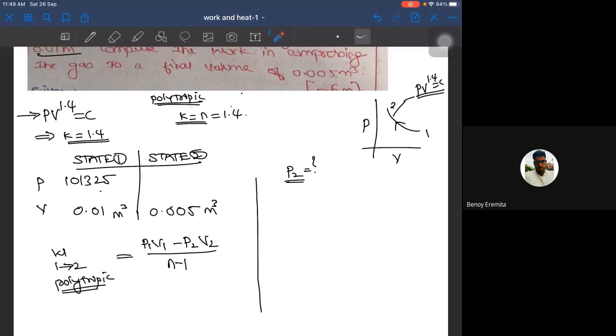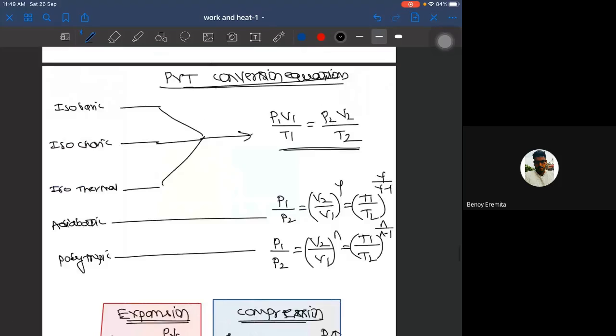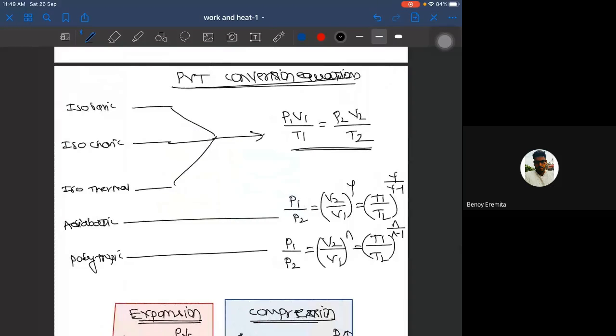Any idea how to calculate the value of P2? We have a formula to calculate that. Yes, we have a PVT conversion equation for the polytropic process. Where is that? So here it is. For isobaric, isochoric, isothermal, adiabatic, and polytropic, here is the formula.